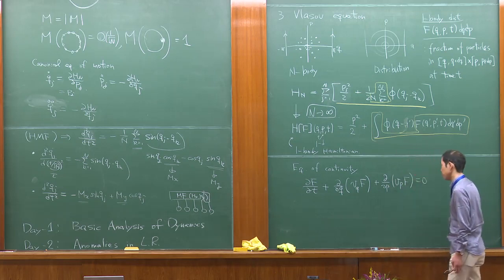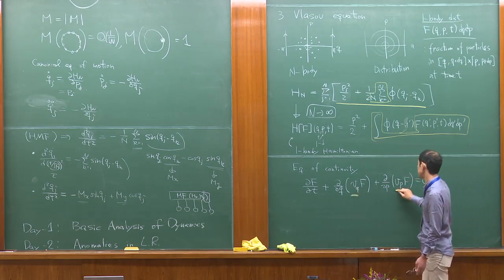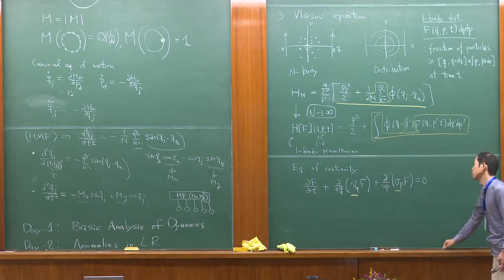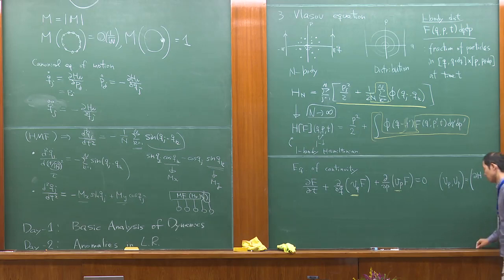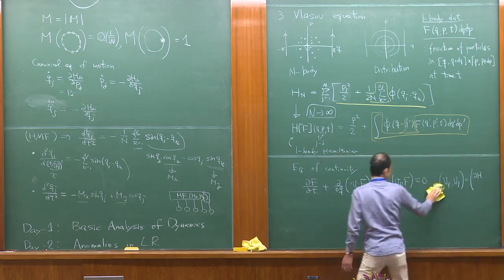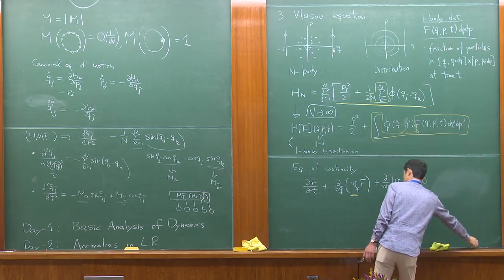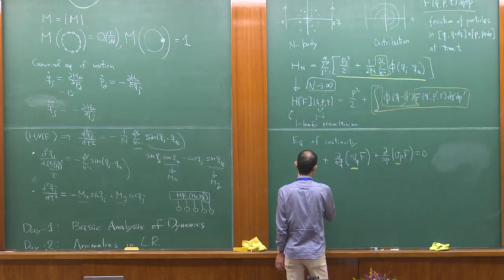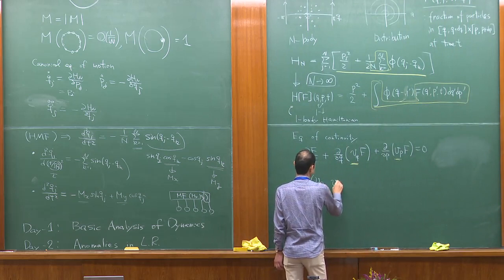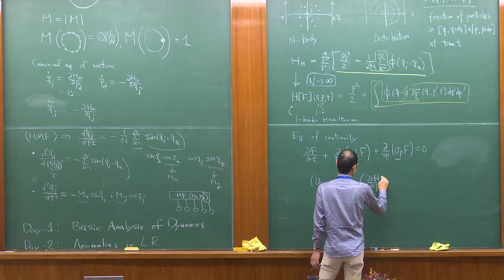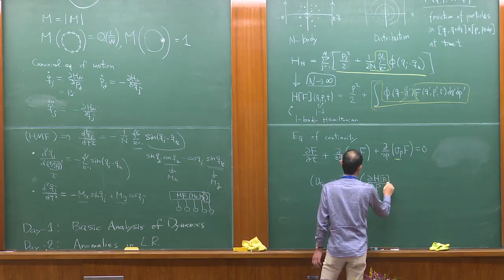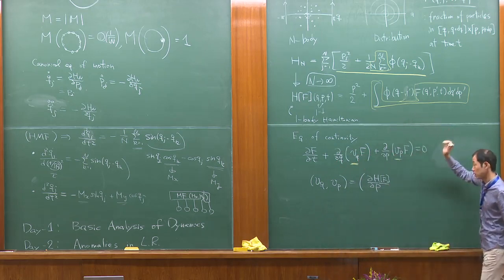And what is this velocity? Of course, we consider the Hamiltonian system, so this velocity should be the Hamiltonian vector field, but with this one-body Hamiltonian.